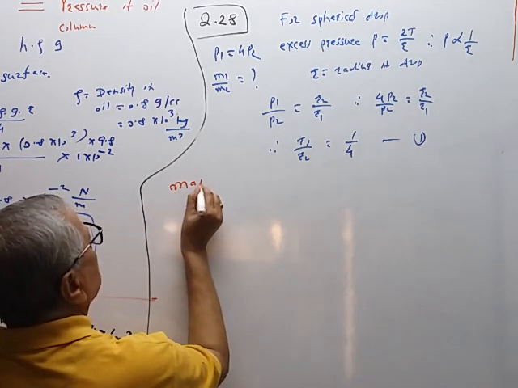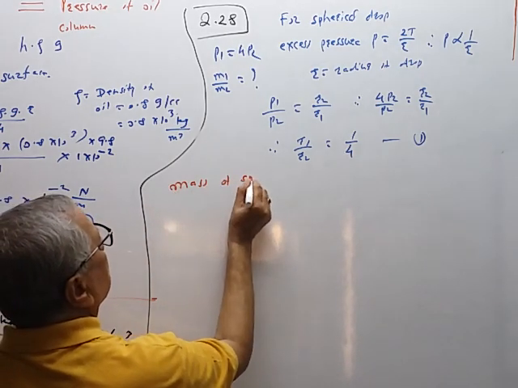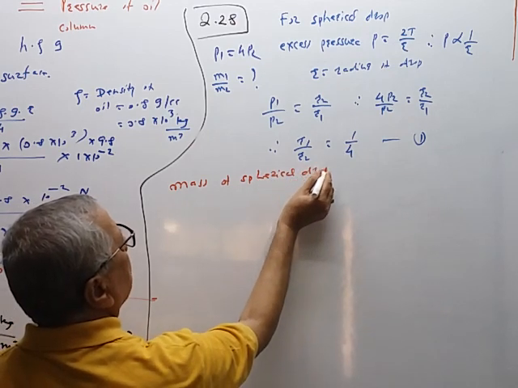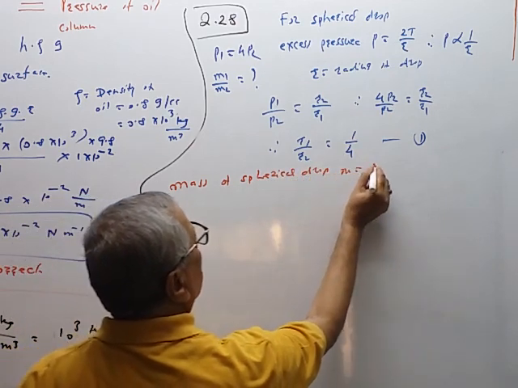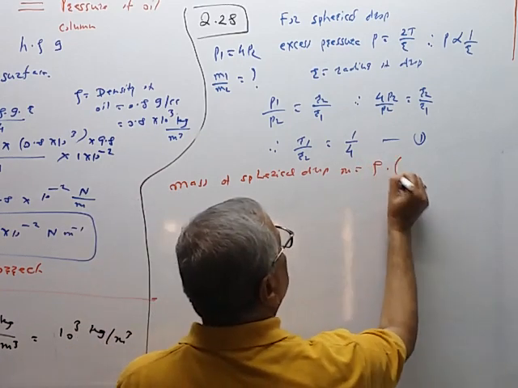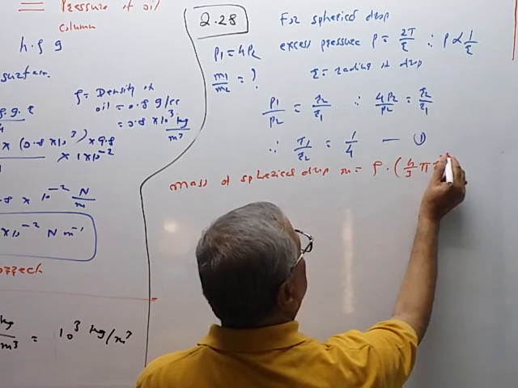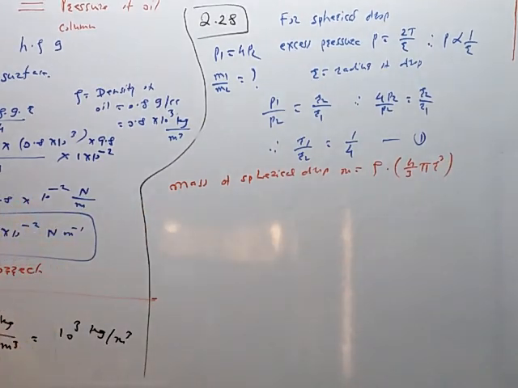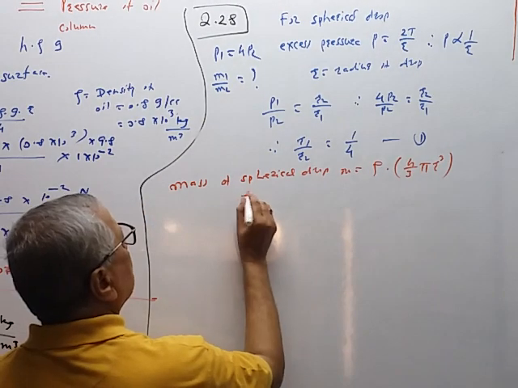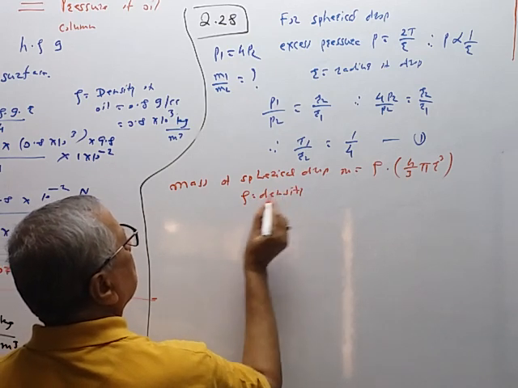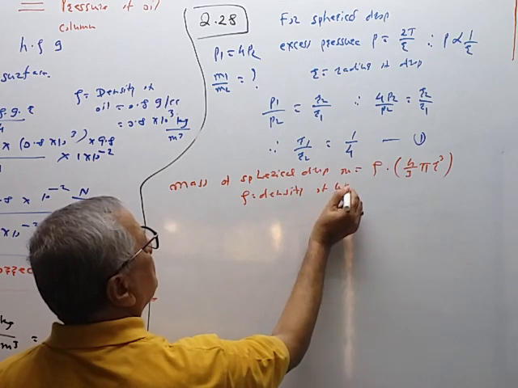Mass of a spherical drop: M is equal to density rho multiplied by volume, 4/3 pi R cube, where rho is the density of water.